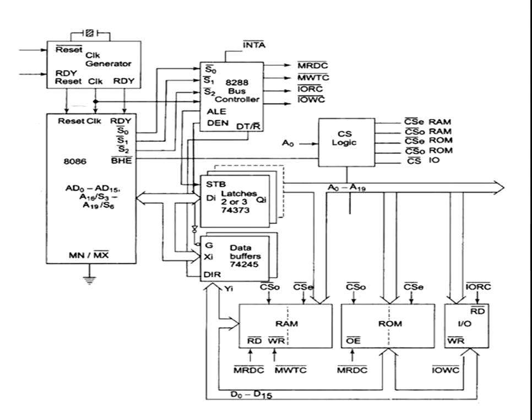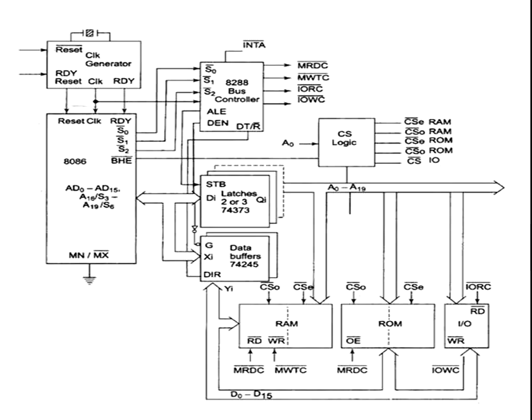Here one more signal is generated, that is the INTA bar pin, which is used to issue interrupt acknowledge pulses to the interrupt controller or to the interrupting devices.